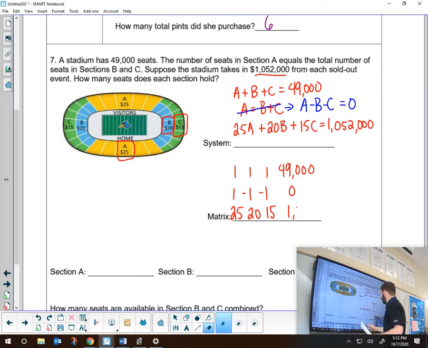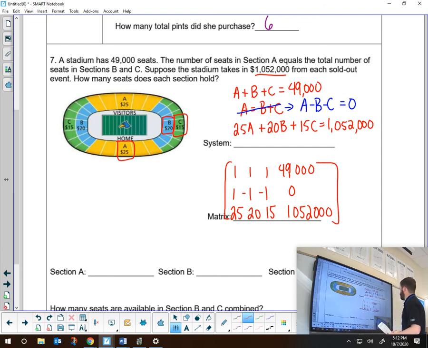We don't want commas, don't want commas in our matrix. Okay, so here is my matrix.